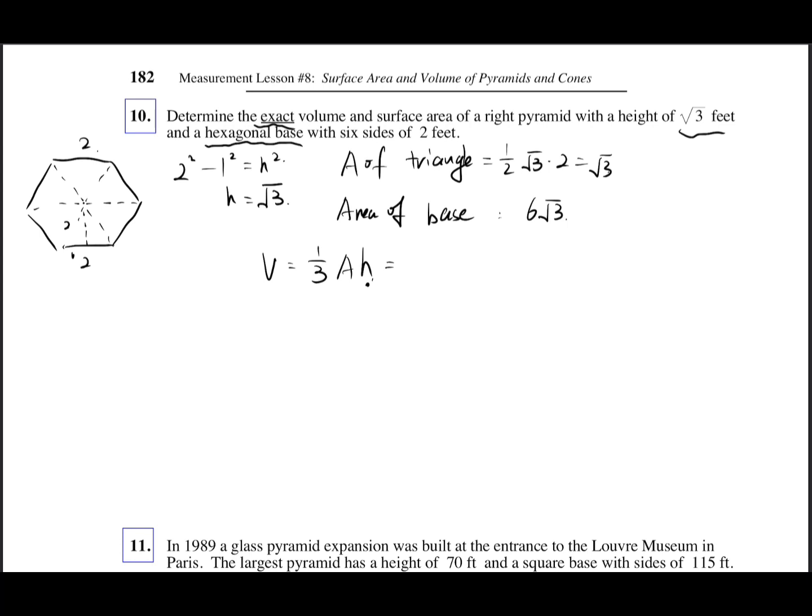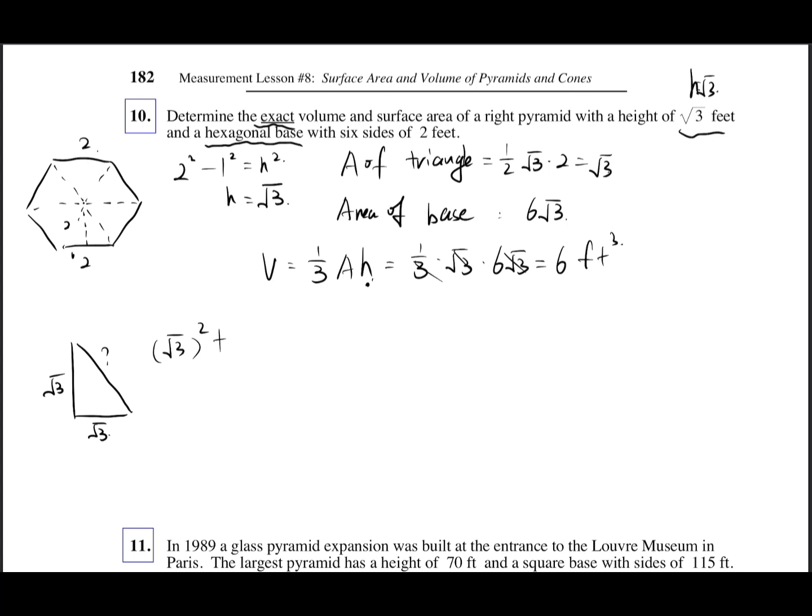And this h is the height of the pyramid, so h equals square root 3. Okay. And then for here, this part is square root 3, and the height is square root 3. We need to find the hypotenuse. So it's square root 3 square plus.